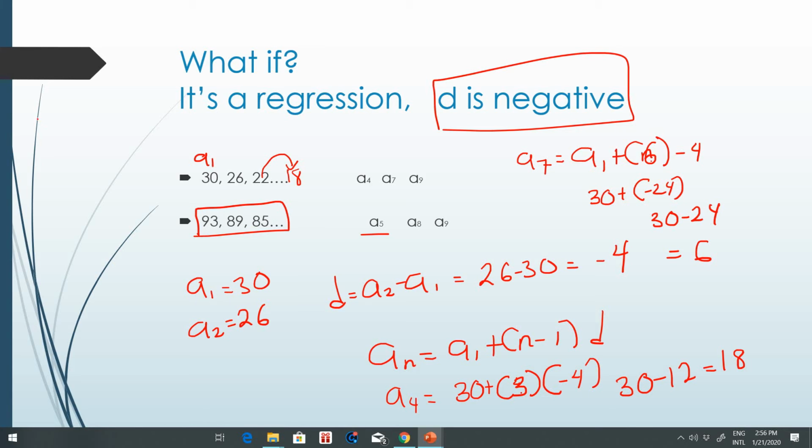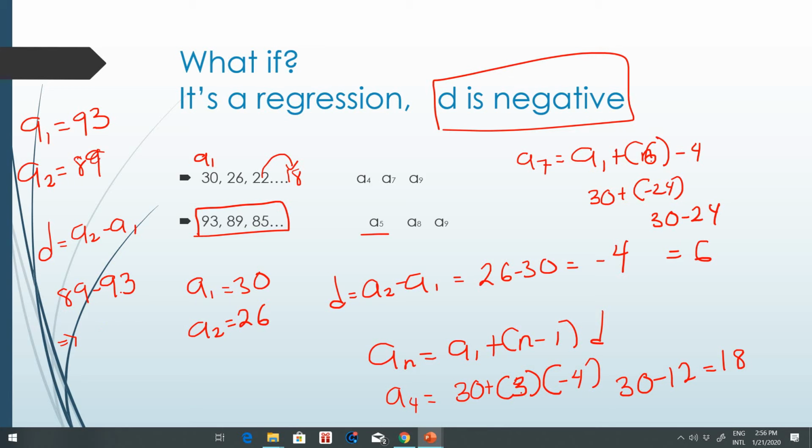Here I don't have much space on my board again, but I'm just going to do A5. So what's our A1? A1 is 93. Our A2 is 89. So what's our D? Obviously A2 minus A1. 89 minus 93. That should be minus 4.